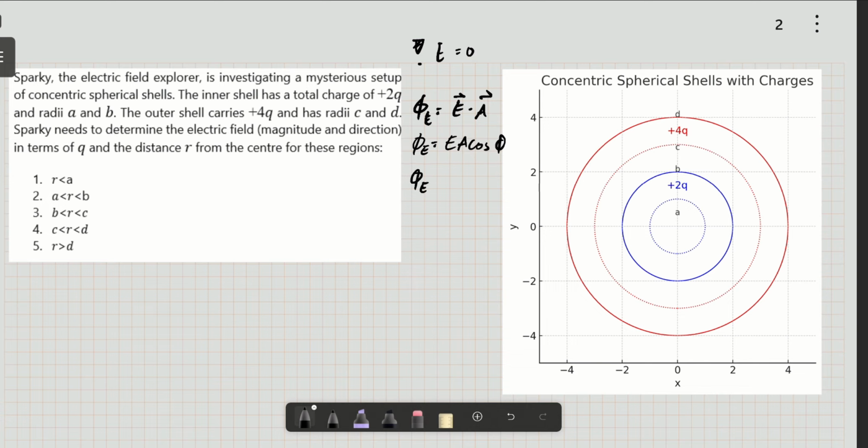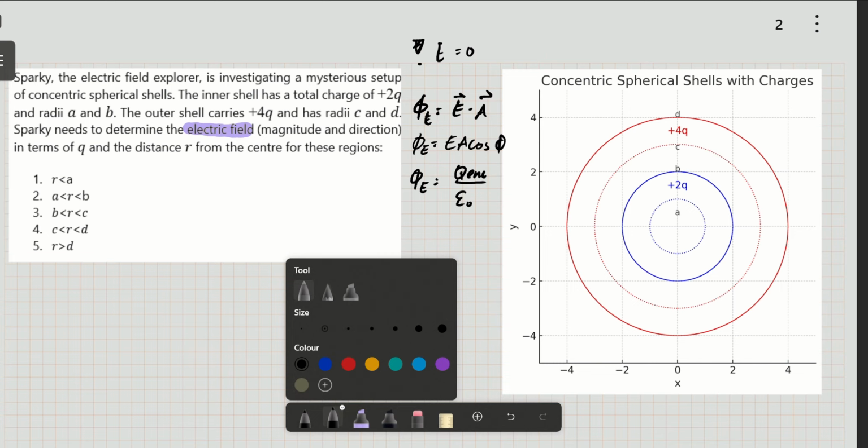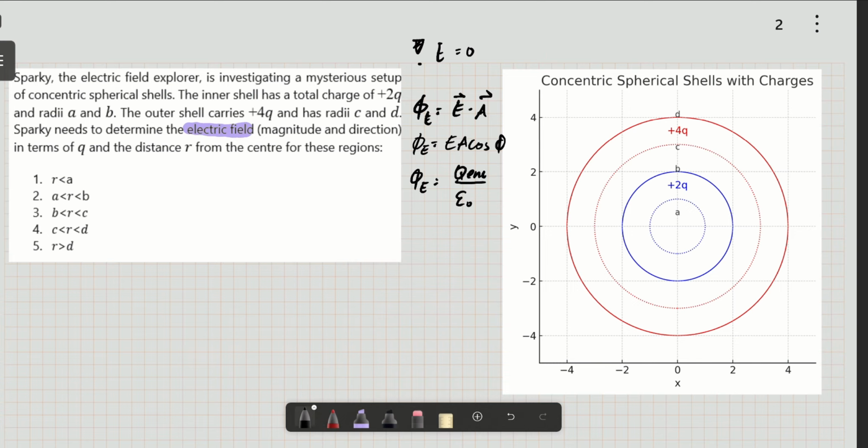Next, electric flux is equal to enclosed charge divided by epsilon naught, which is a constant. What we need here is the electric field, both magnitude and direction. So, given that, how do we get our E?